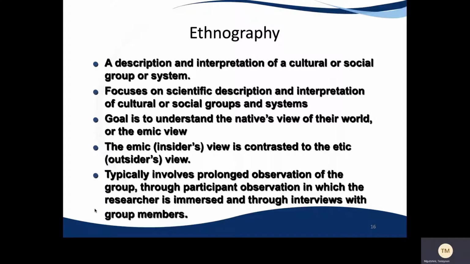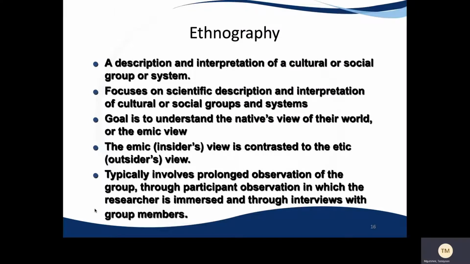So if you were studying the way police behave and their attitudes towards racial differences, you would yourself become a policeman, hide out with them for a while, and understand that culture as a native of it, like have an insider or emic view.